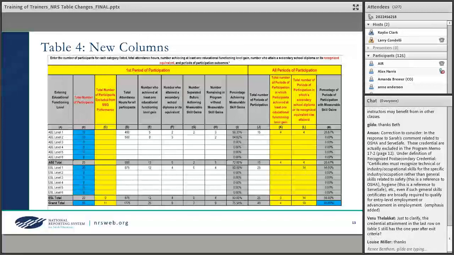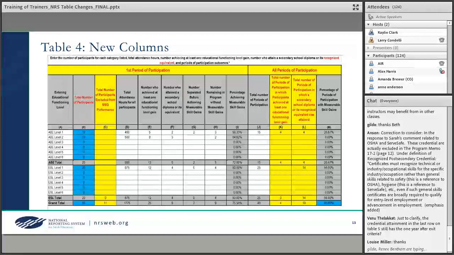Okay, and Anson's bringing up a good point. He's saying that Sarah's comment about OSHA and ServSafe, those credentials are actually excluded in program memo 17-2. So that's a good point. I don't actually have all the credentials memorized from that memorandum. But we do direct you back to that memorandum to see what post-secondary credentials are included or allowable to be counted as a positive outcome under this indicator.